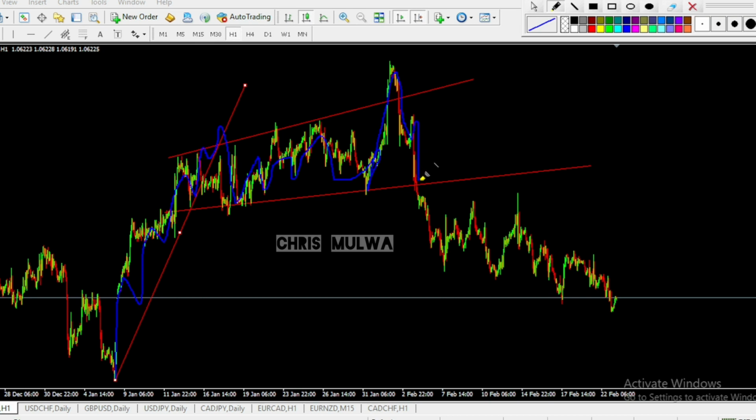Now when it failed, the bouncing time is when we drew this like a support. It started behaving like it is consolidating. We do not trade on a consolidation where the market is trying to find the direction to take. You see? But now we are expecting that market to go downwards.